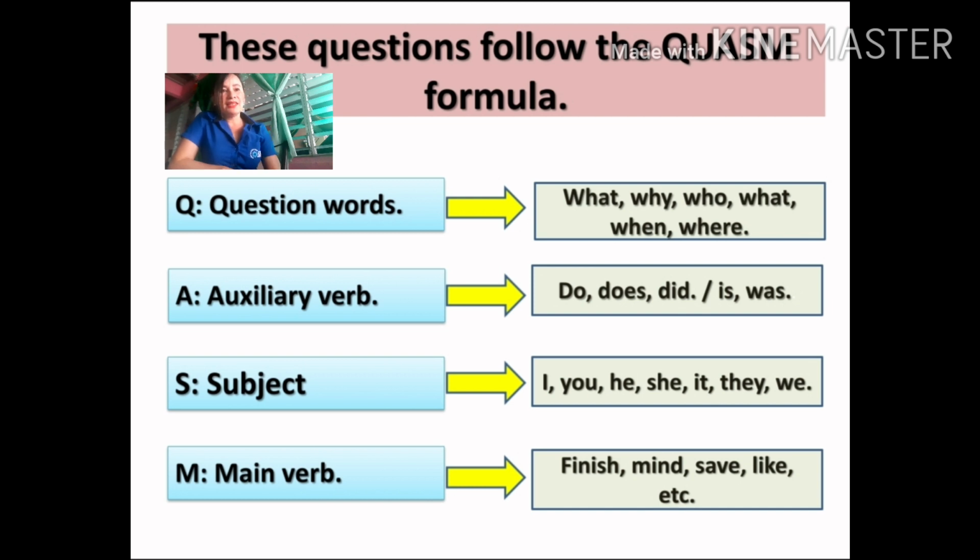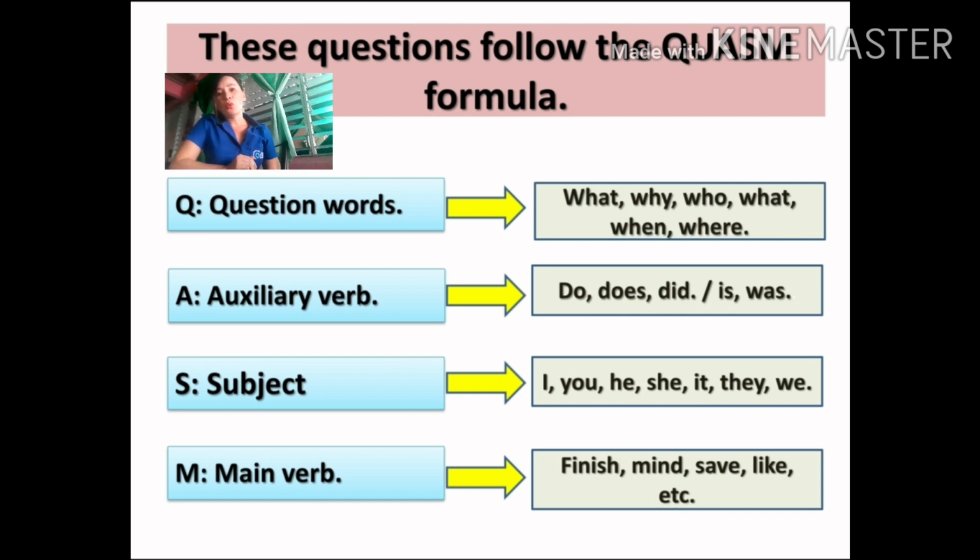These questions follow the QUASM formula. That means Q, question word. What are the question words? The question words are what, why, who, when and where.